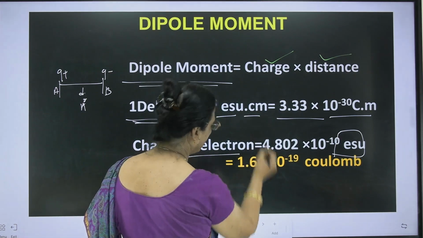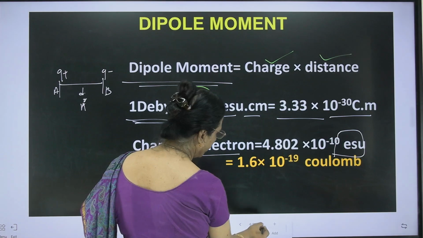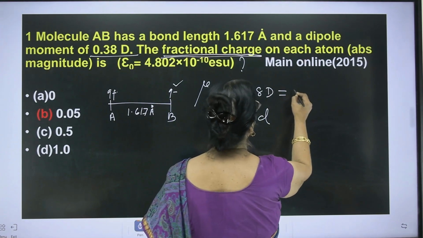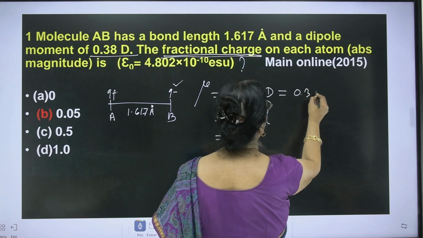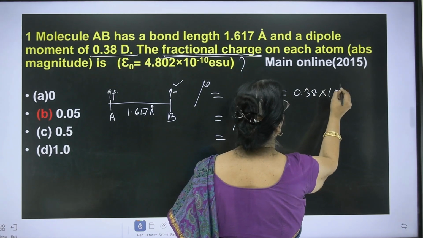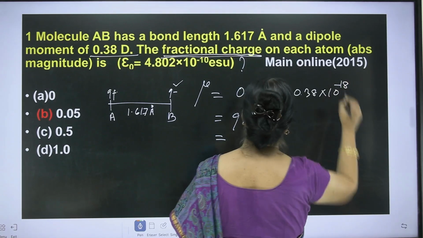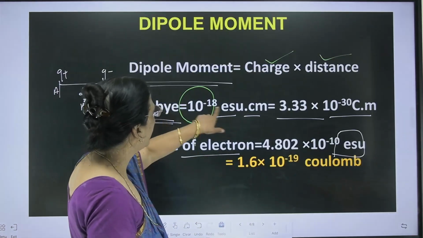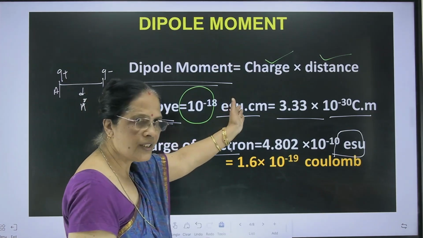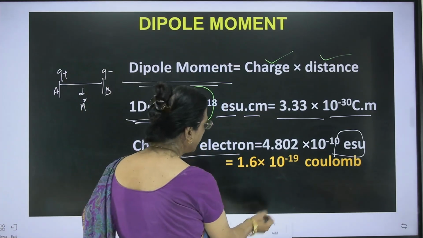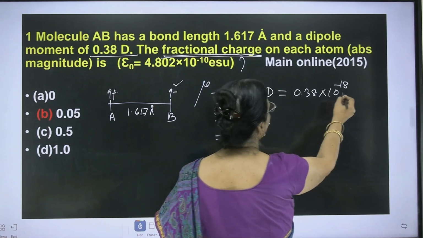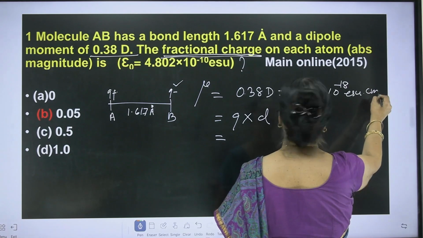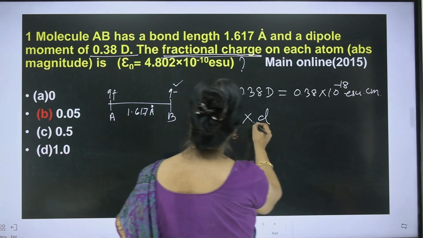So 0.38 D is 0.38 into 10 to the power minus 18 ESU centimeter, because it is charge into distance.